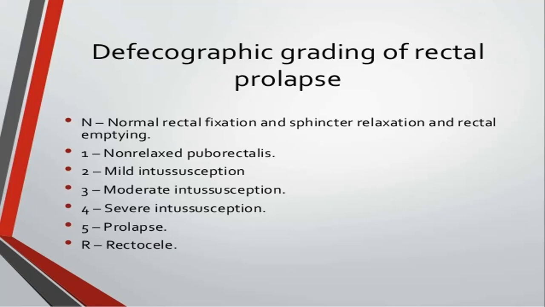If the puborectalis is not relaxing, 1; if mild, 2; moderate, 3; and severe, 4; if prolapse, 5; if rectocele, R.